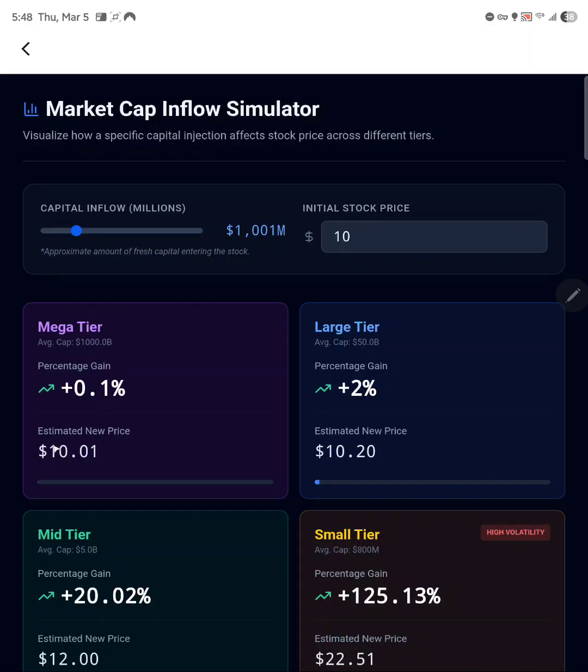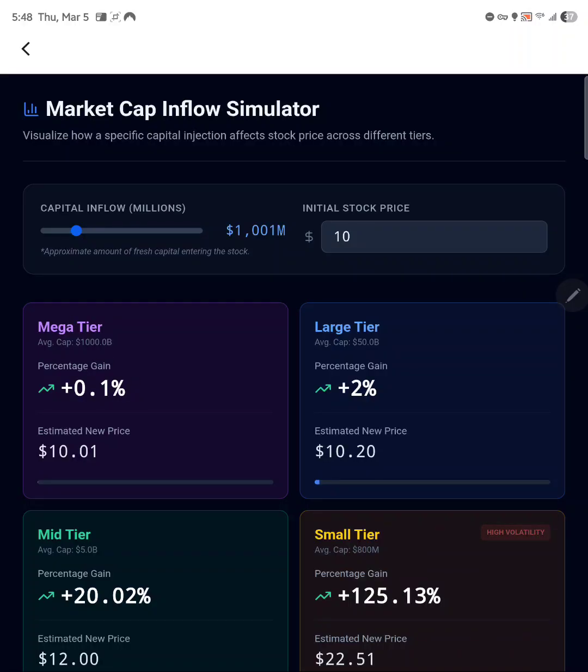A company which is worth $1 trillion gets $1 billion inflow, only sees a 0.1% gain. So the price went from $10 to $10.01. So only 0.1%.